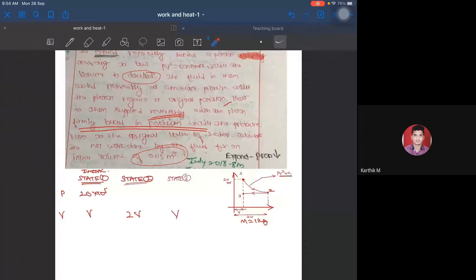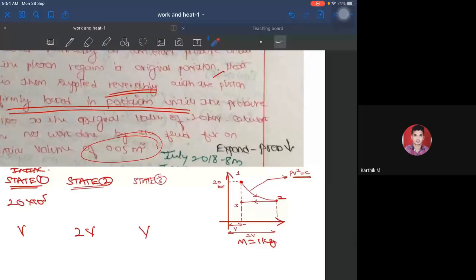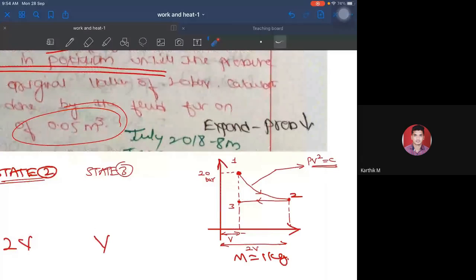So should I go towards the top to meet the state 1 or towards the bottom? Towards top. Because as soon as you give heat, your pressure gets increased. So again, it forms your cyclic process here: 1 to 2, 2 to 3, and back from 3 to 1. That means your initial and final state is 1, which means it is a cyclic process.